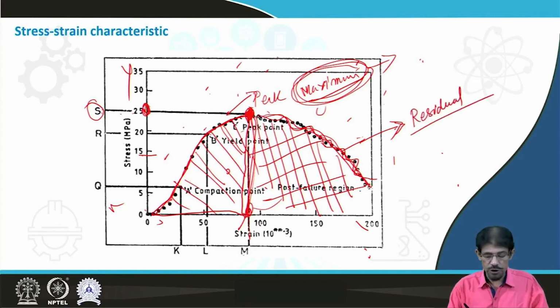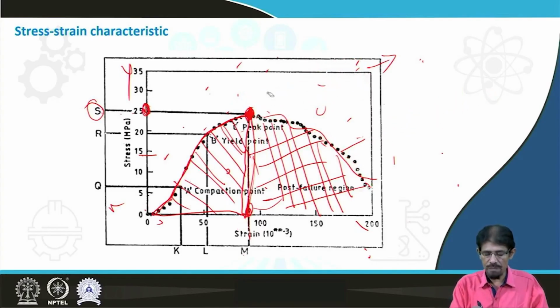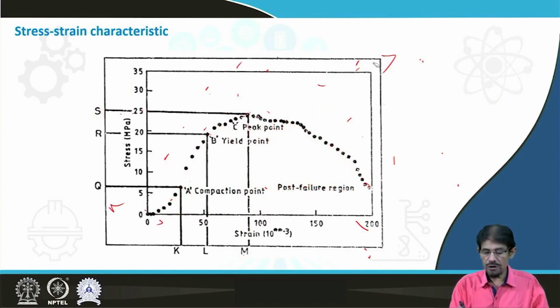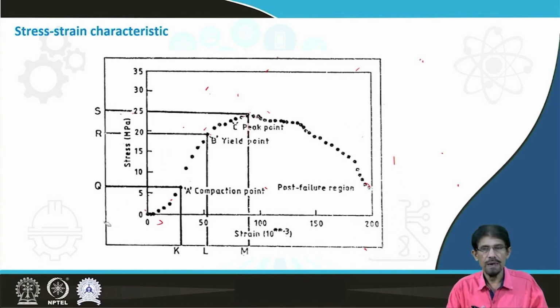If we look at this stress strain curve for identifying different types of mechanical parameters, then we can easily identify different parameters based on the stress strain characteristic.